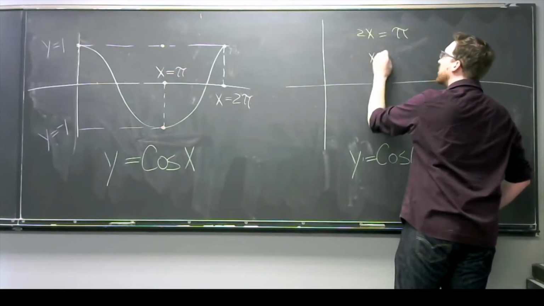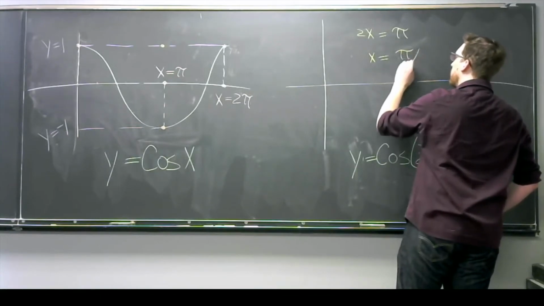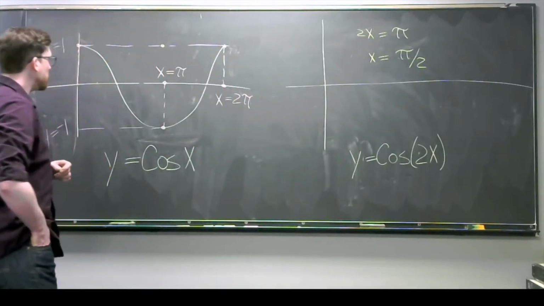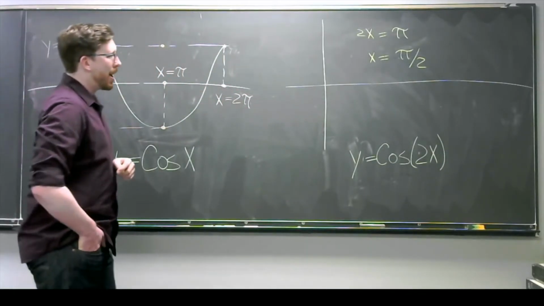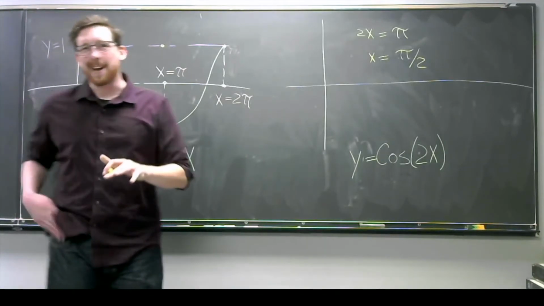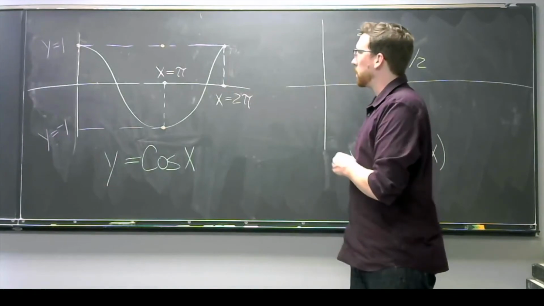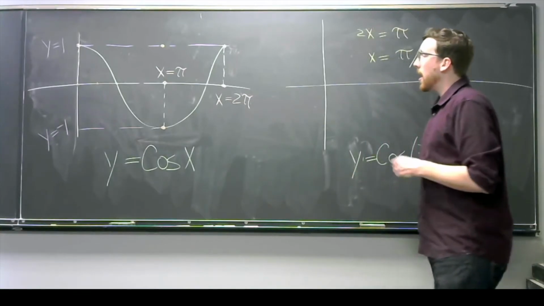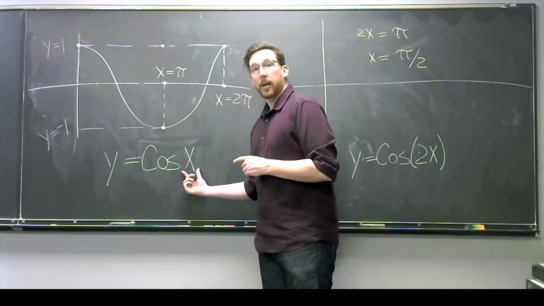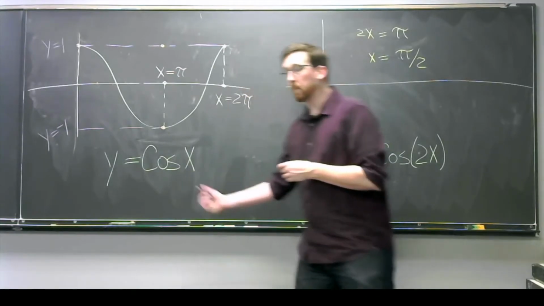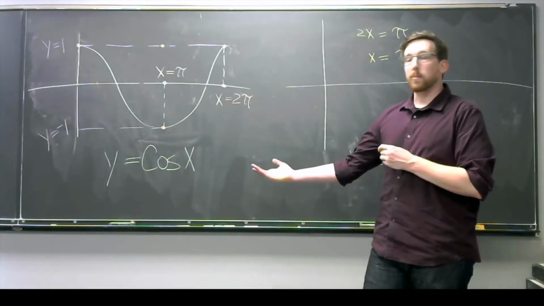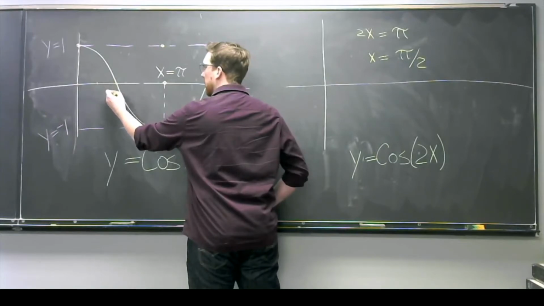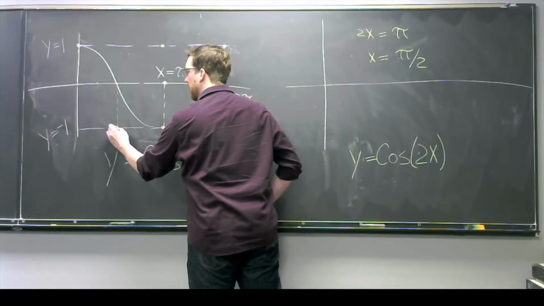Well, that's whenever x is equal to pi over 2. Again, all I did was divide the 2 from both sides. I'm going to have to eyeball it on this graph because I don't know the exact point. But I do know something I can use to help me. I know that cosine at pi over 2 is equal to 0. So I can line it up with this intercept here. About here-ish.